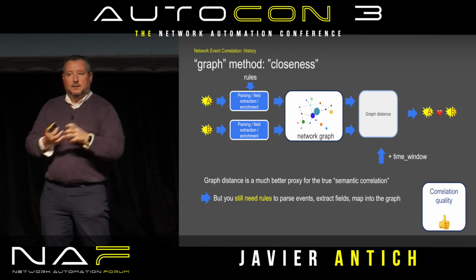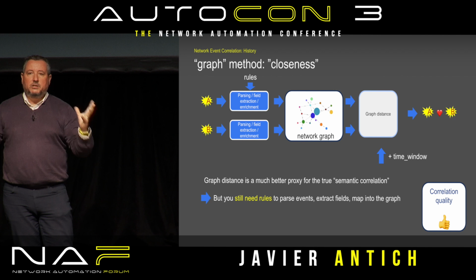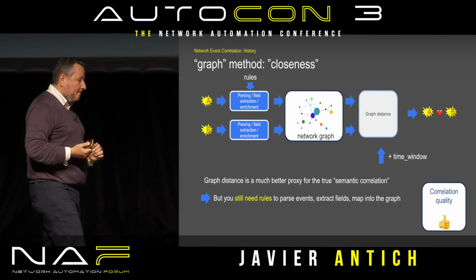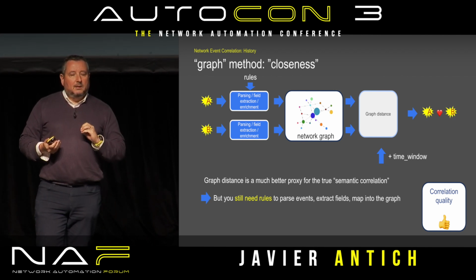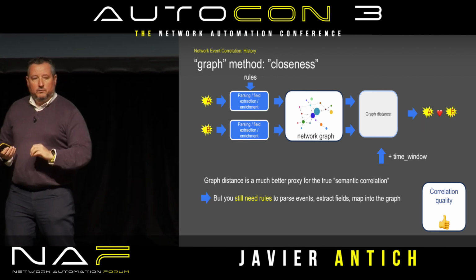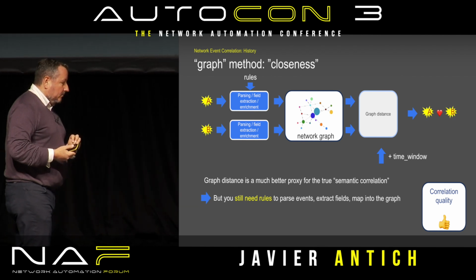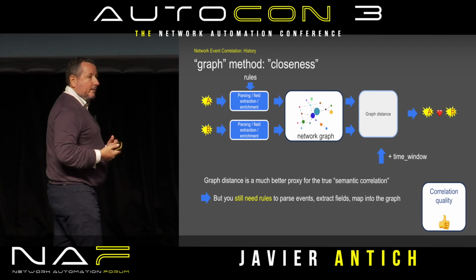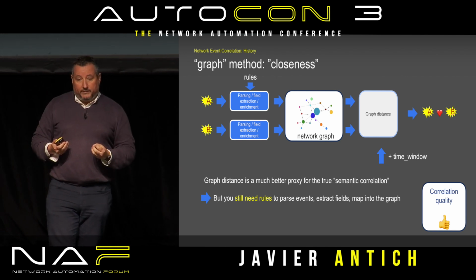But then once you do that, and once you find the entities in your network graph, right, in the digital map or whatever term you prefer, then you can decide if they are sufficiently close. That means there's a strong semantic connection, right, at the network level between these two events. And that's actually quite an effective method, right, to derive correlation between the two events.